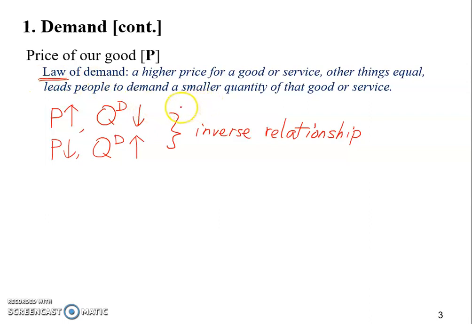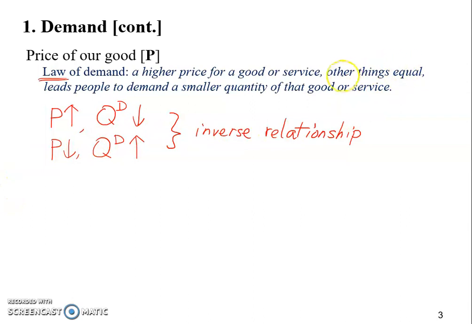The law of demand says a higher price for a good or service, other things equal, leads people to demand a smaller quantity of that good or service. Again, in the previous example on the basketball tickets, we found that when the price goes up from $4 per ticket to $20, the quantity demanded falls from 10,000 to 2,000.